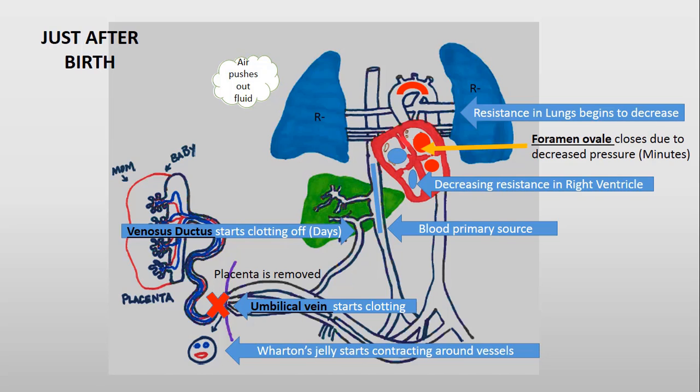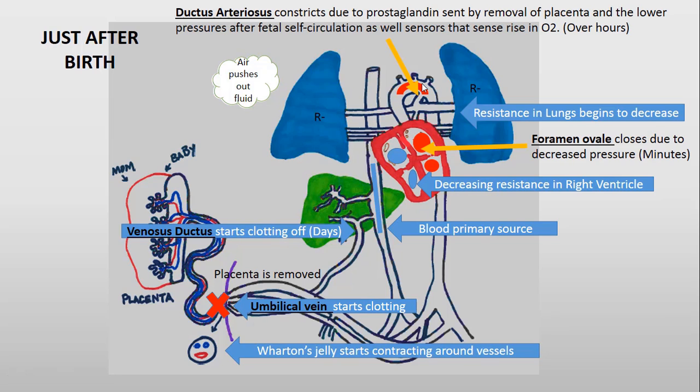So the normal blood flow out of the left ventricle into the aorta starts to take place, and the ductus arteriosus starts to constrict. Now it starts to constrict because of a few things, but one of them is once the umbilical cord down here is cut, it starts to send out prostaglandin, and it sends it due to the removal of the placenta.